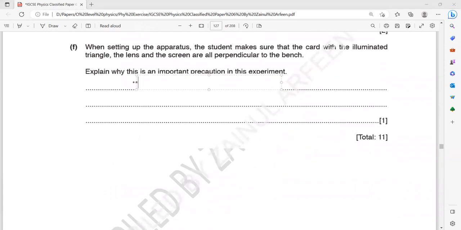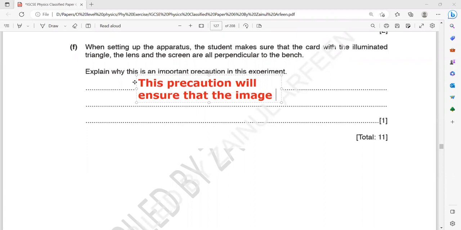Because this precaution will ensure that the image is sharp and focused on the screen. So the sharp and focused image should be there. With this precaution, we can have a sharp and focused image.